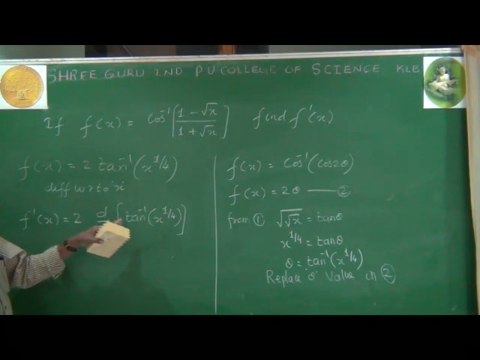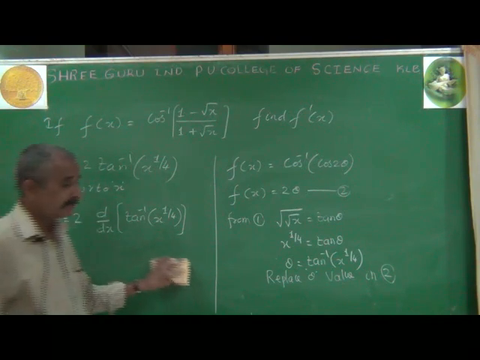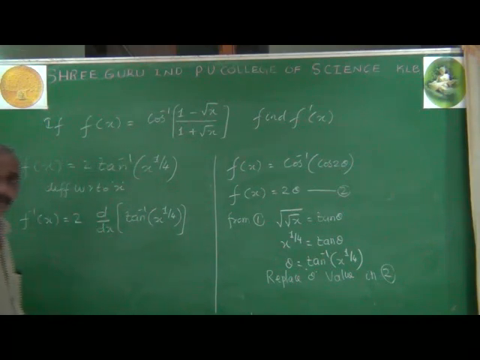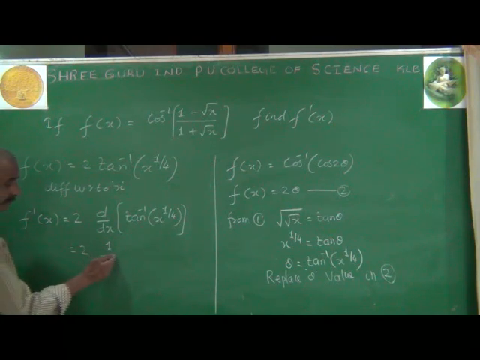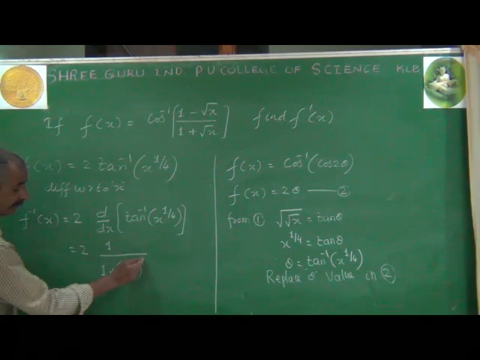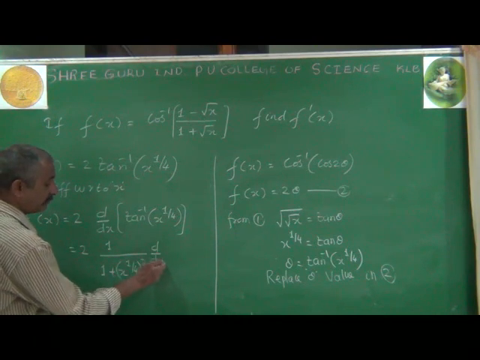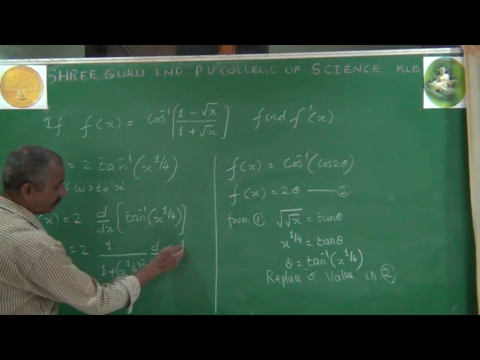It is just like the derivative of tan inverse u. The formula is 1 by (1 plus u square) into du by dx. Now here, using that formula, 1 by (1 plus x power 1 by 4 whole square), into differentiation of x power 1 by 4.